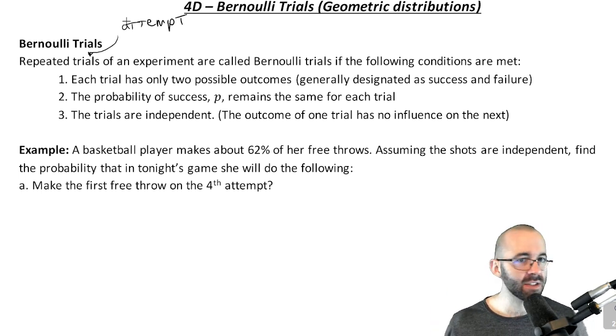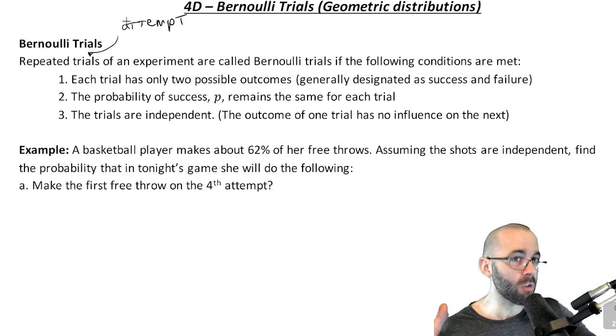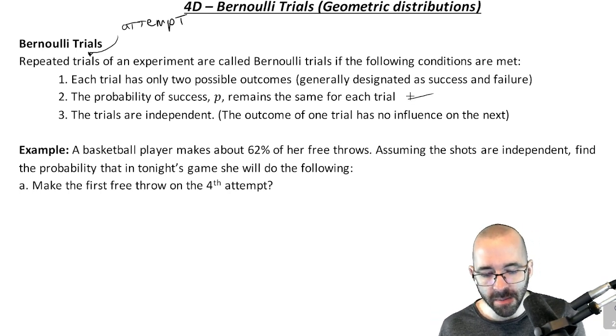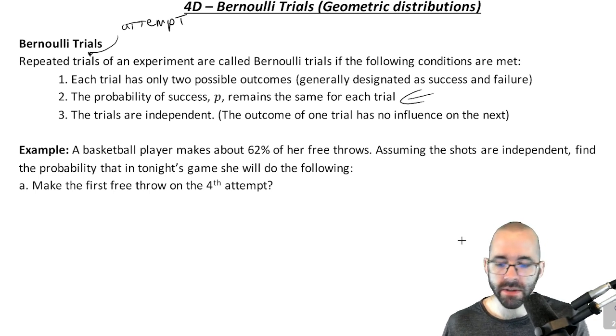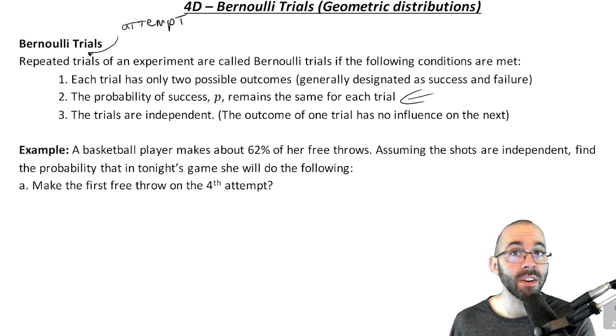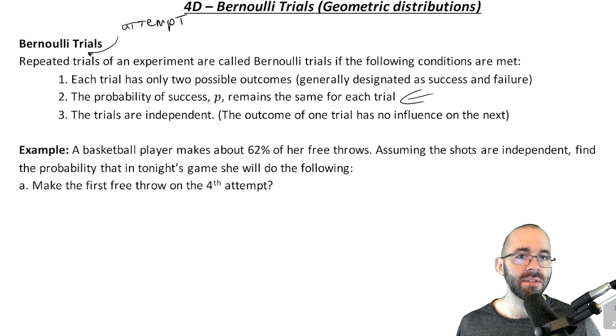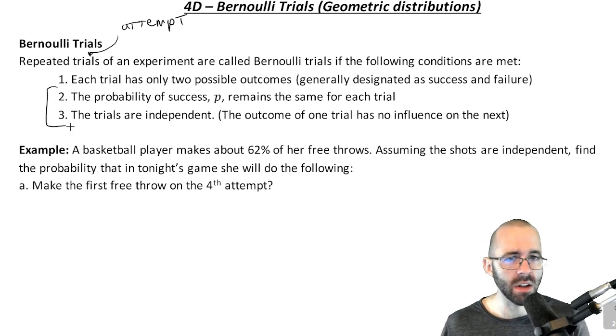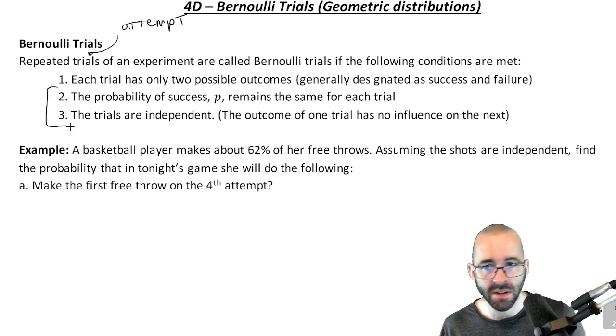But we define it so that there's only success or failure. And the probability of each of these successes is going to be the same for every trial. Okay, so the trials are independent, because if they weren't independent, then those probabilities might change. So 2 and 3 are really very, very similar, very, very closely attached.